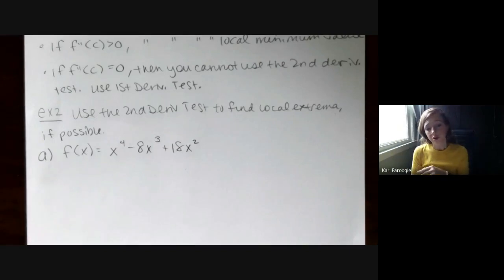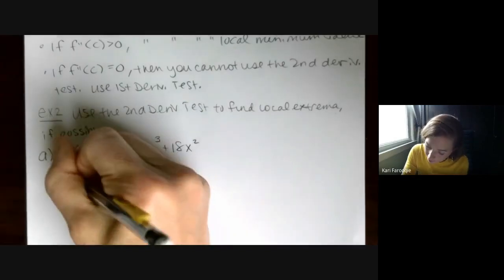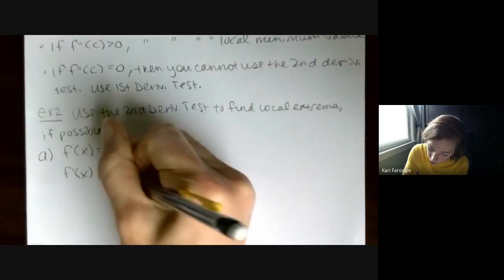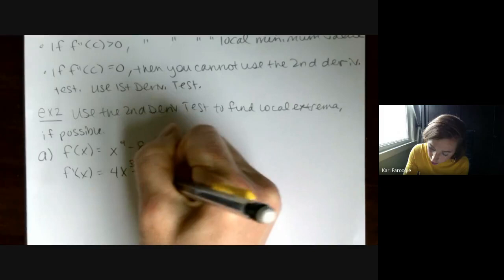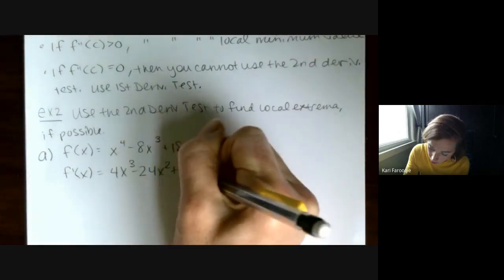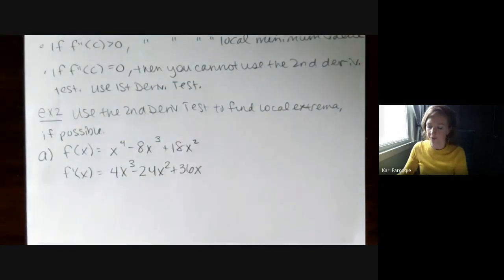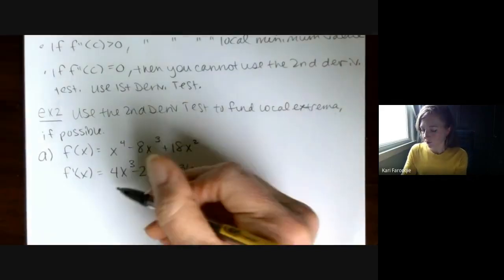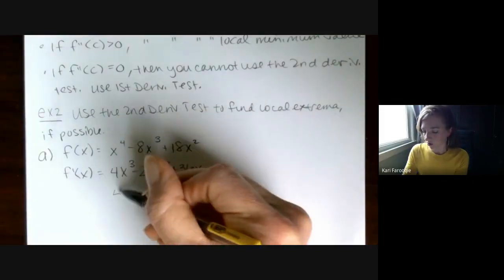So first I need to obtain critical numbers, and I'm going to do that using the first derivative. So f prime of x is 4x cubed minus 24x squared plus 36x. And from here, I'm going to get some critical numbers. I'm going to go ahead and factor out a 4x.